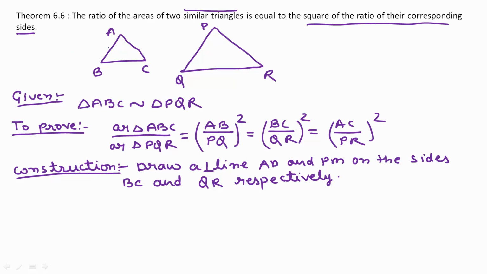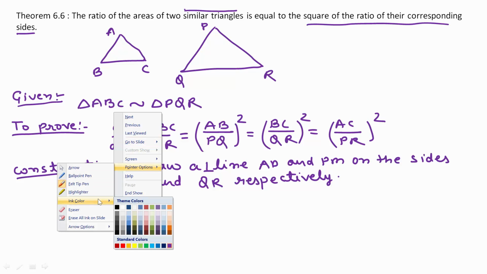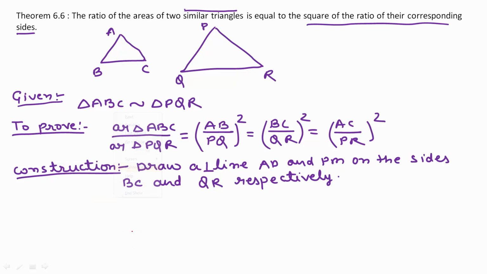So draw the perpendicular line from A to BC, this is your line AD, and draw a perpendicular line from P to QR, this is your PM.